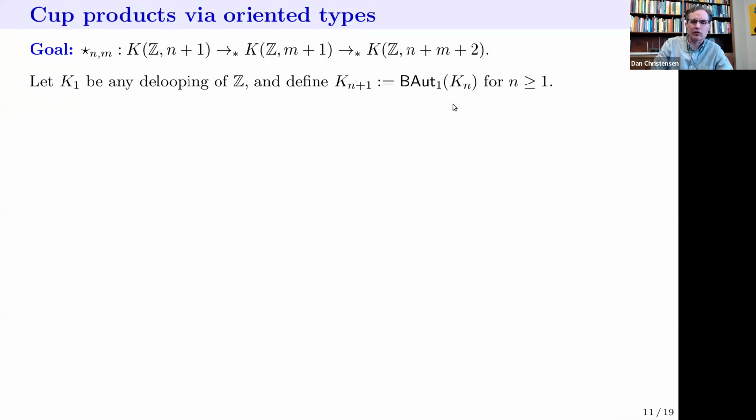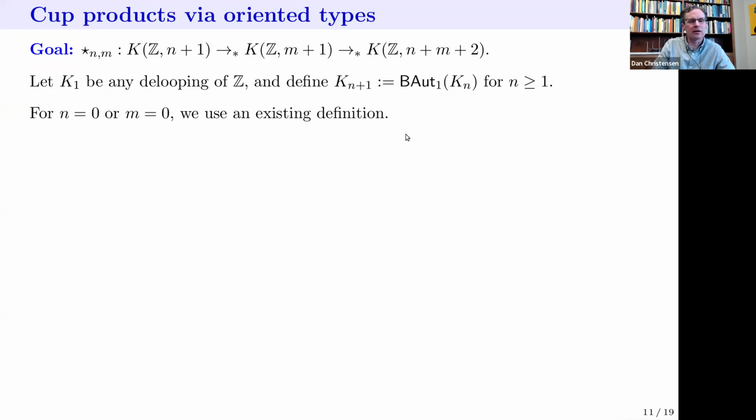If you're worried about universes, you can show that these are essentially small at each stage, so you can translate down to an equivalent small type. Okay, so I'm going to use this particular construction. Now, that means when n or m is 0, I'll be involving this K1 that I don't have any special control over. So in those cases, I use one of the other methods to produce my cup product map here.